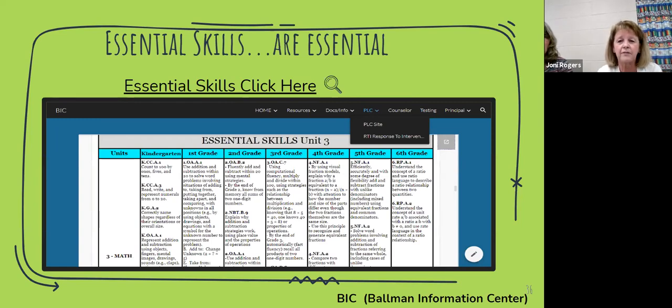I know some grade levels will have like 6 units. The kindergarten uses 4 units. These are our essential standards, and you can see this is what I was talking about. Here's our kindergarten essential skills, and over to the right is the first grade, and it goes on.